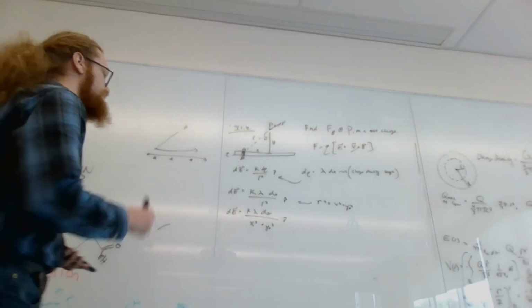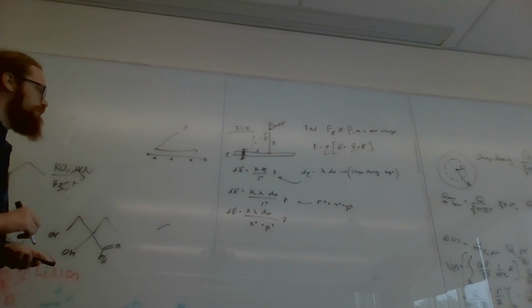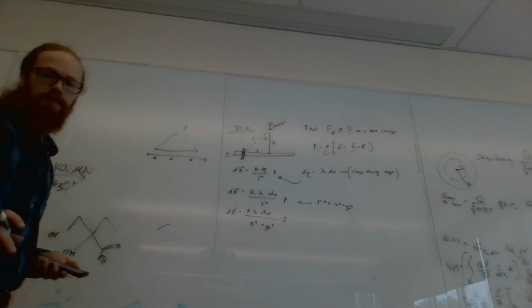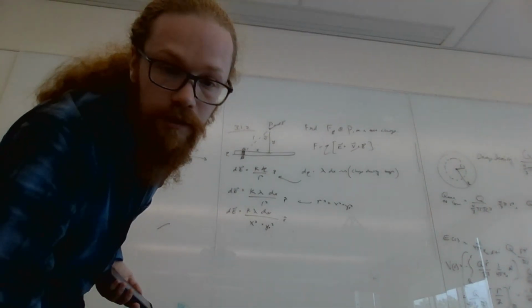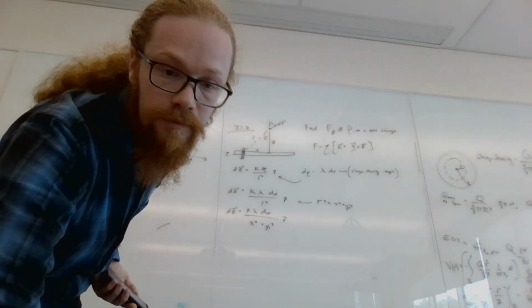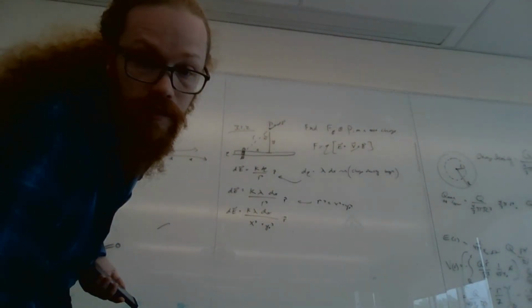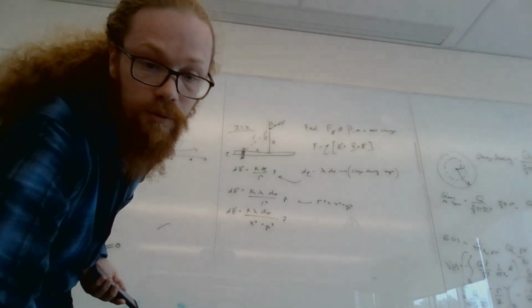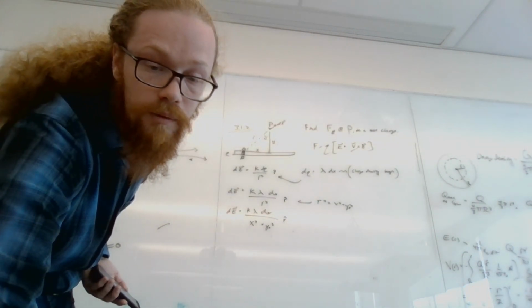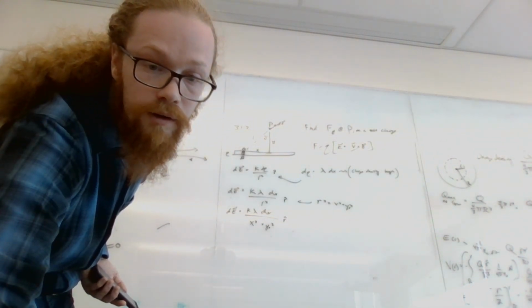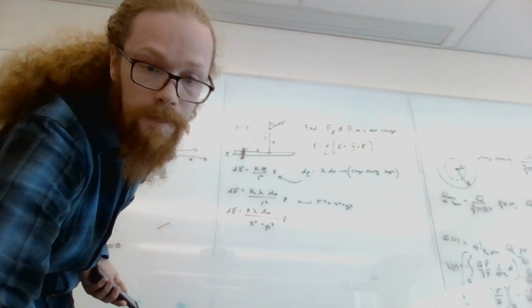Yes, okay. So I got this equation here: dE equals k dq over r squared, k lambda dx over d squared plus x squared. Yep. 1/2.